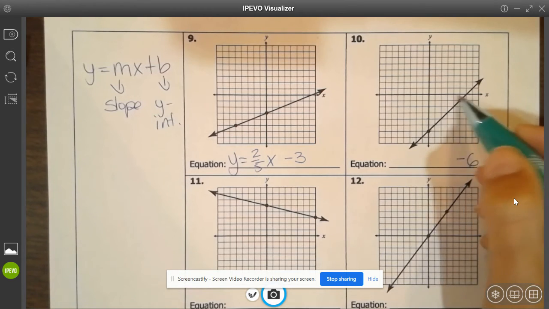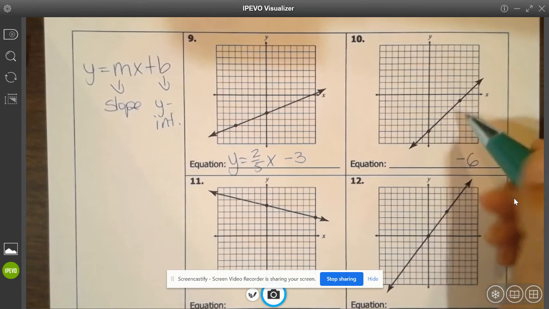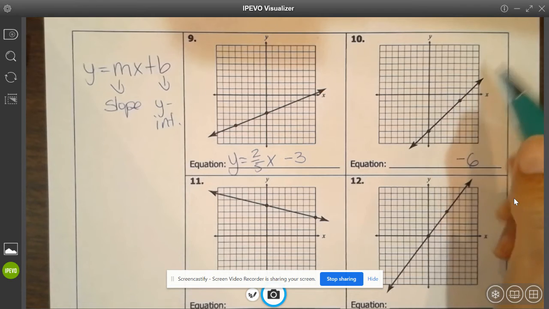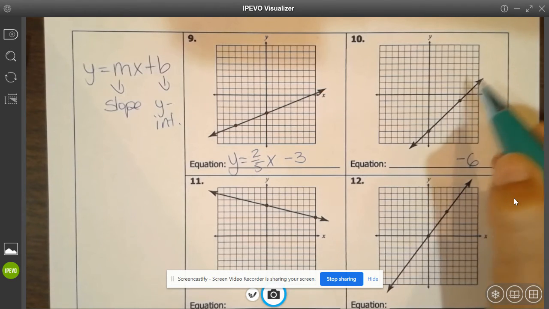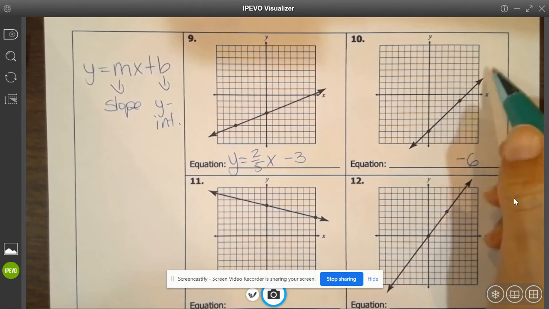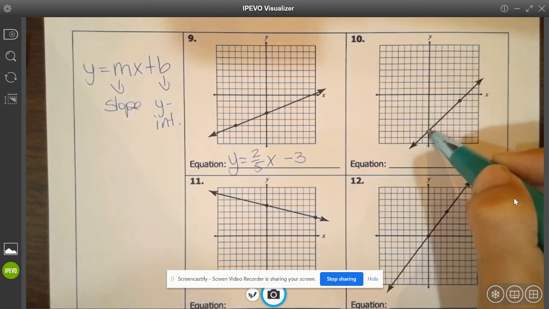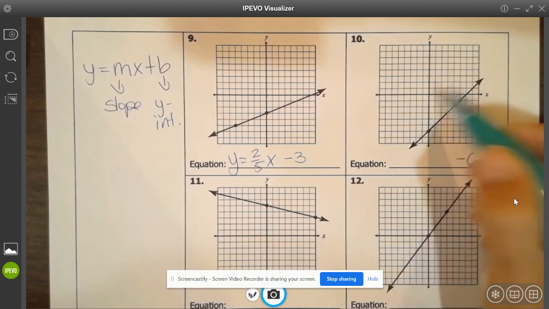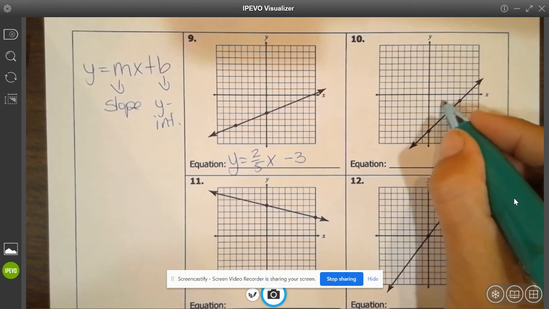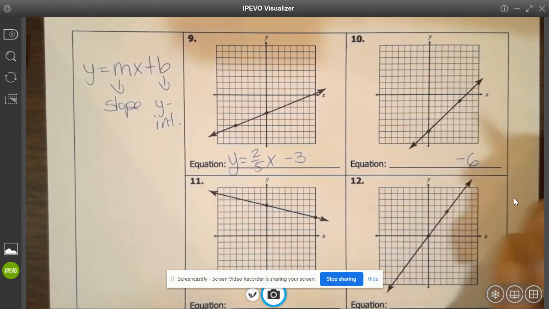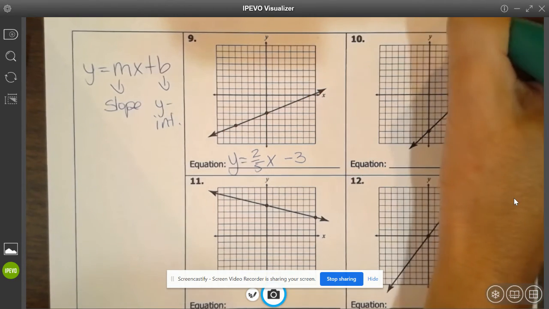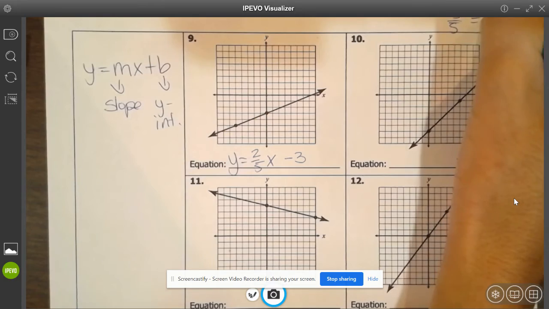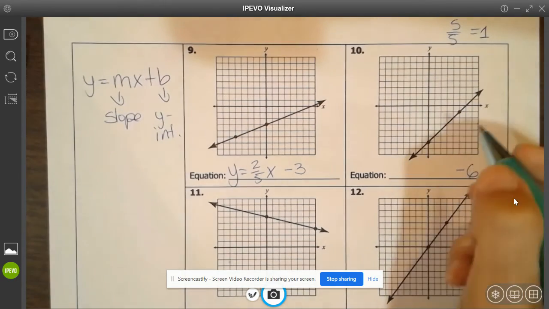So it's the change over the vertical over the change over my horizontal. So from here to here, I know it's a positive graph. So I'm going to go from here, 1, 2, 3, 4, 5. And then 1, 2, 3, 4, 5. So 5 over 5. And 5 over 5 equals 1, right? So that is my slope.